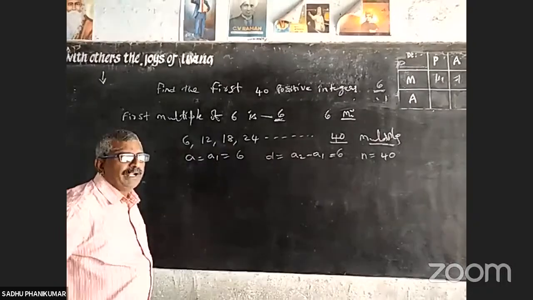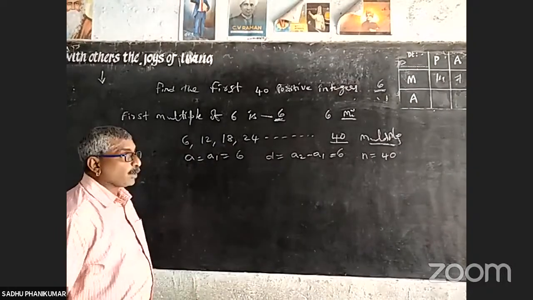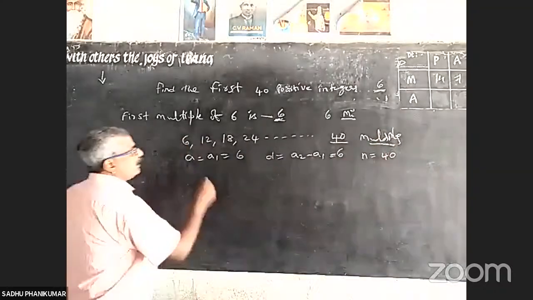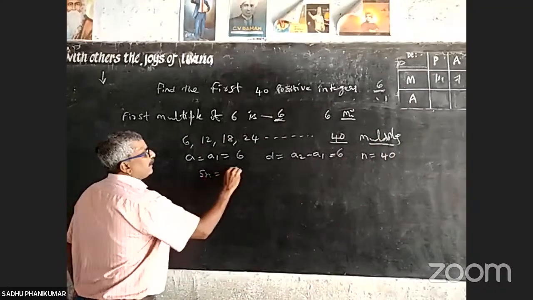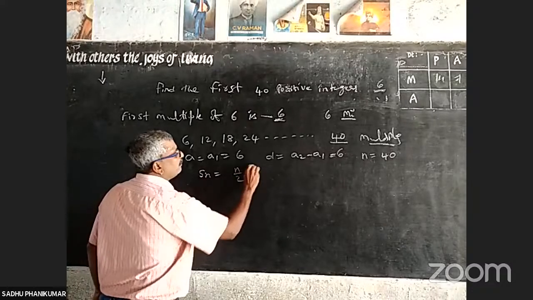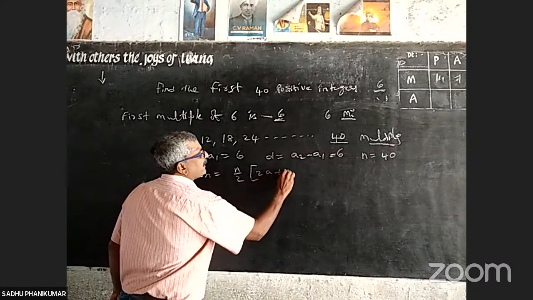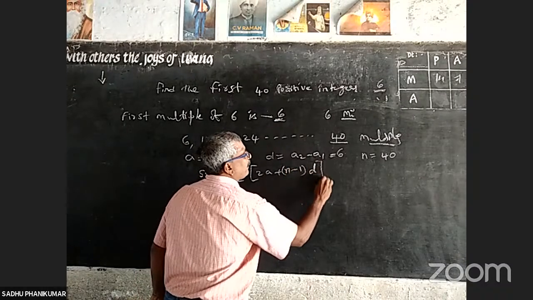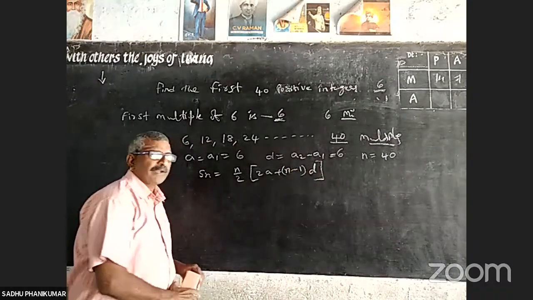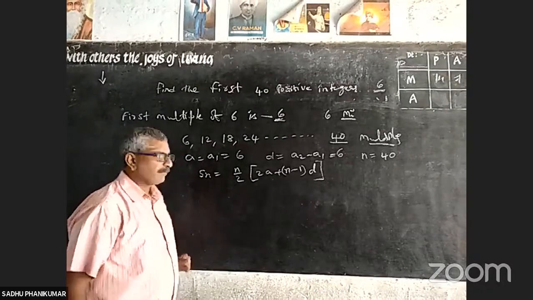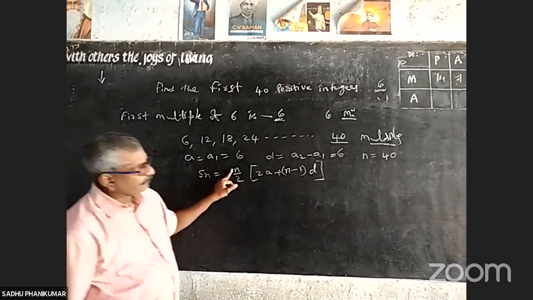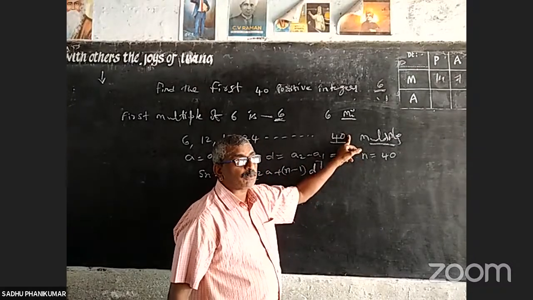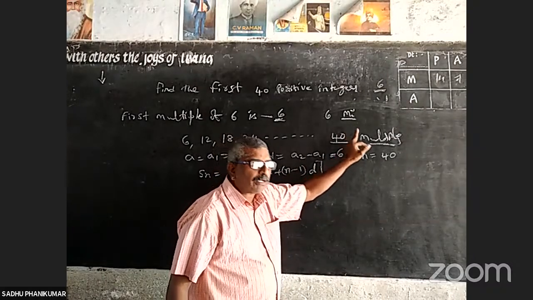Now what we have to find? We have to find the total sum of these 40 multiples. Sn is equal to n by 2 into (2a plus (n minus 1) into d). This is the formula for finding the sum of n terms in a given AP. What is the value of n? 40, because we have to find the sum of the multiples up to 40 multiples.